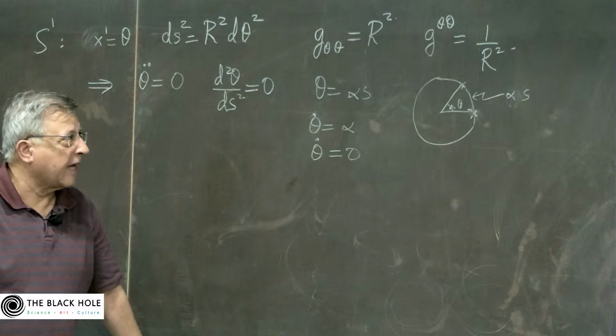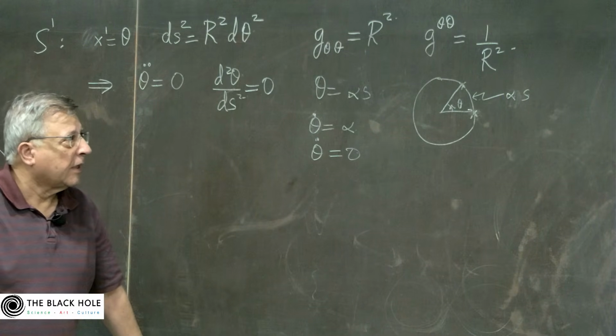Sir, I'm talking about the image you have drawn there. At the circle, you mentioned that the arc length is alpha s, but alpha s is equal to theta. So shouldn't the arc length be s only?